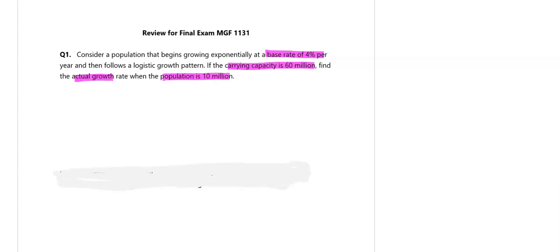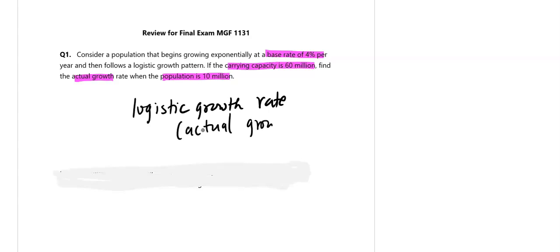And there is a formula for that, and I'm going to write the formula. You'll find the formula from the list. Here's the formula. Logistic growth rate, which is the same as actual growth rate. That's what I'm looking for, the actual growth rate.